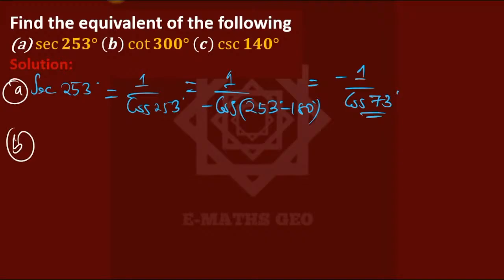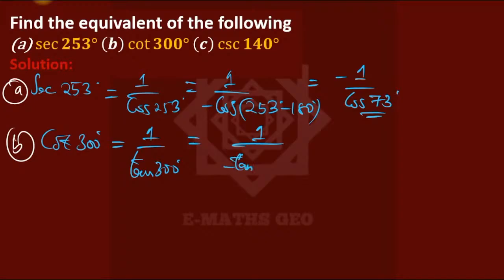Now the second one. We have cot 300. So cot is 1 over tan. And now, 300 is in which quadrant? Fourth quadrant. And tan is negative there, so I have minus tan. Only cos and sec are positive there.